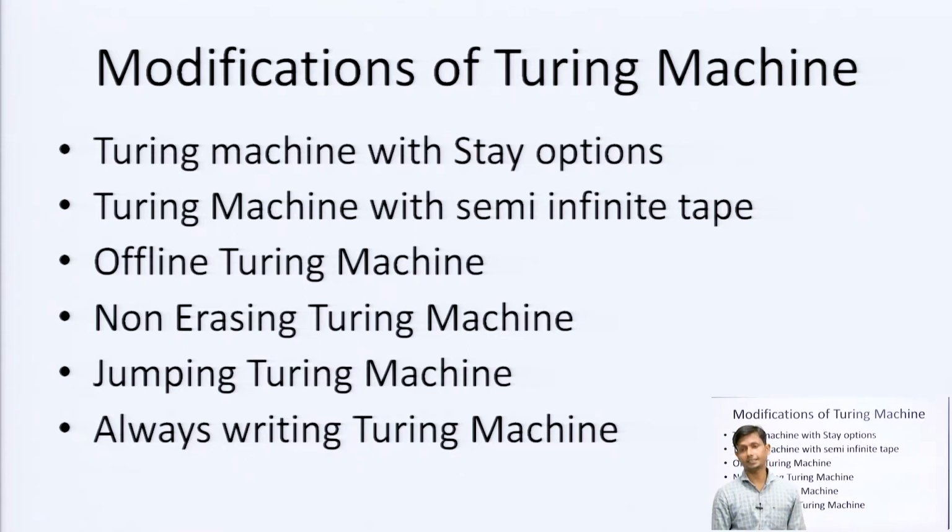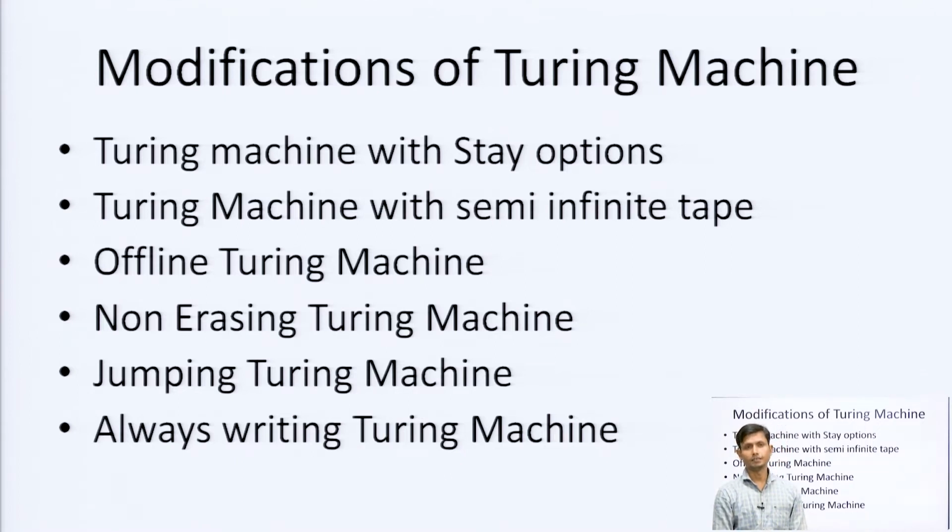Here it is saying semi infinite. What is the meaning of semi infinite? Semi, like semi decidable, means partially infinite. Semi infinite means one side of the tape you have to make finite, and on the other side there is the option to go to infinity.